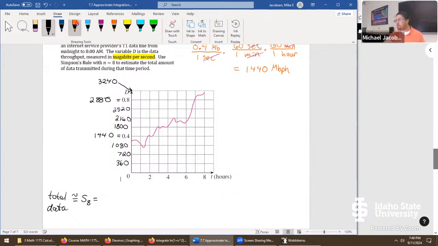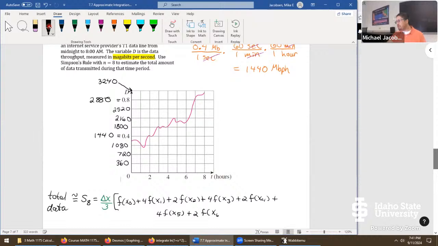So this is going to be equal to delta x thirds, multiplying f of x0 plus 4 f of x1 plus 2 f of x2 plus 4 f of x3 plus 2 f of x4 plus 4 f of x5, 2 f of x6, 4 f of x7. That's the penultimate term, so we break the pattern and just say plus f of x8.